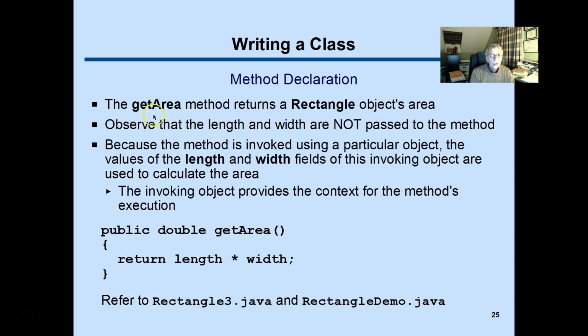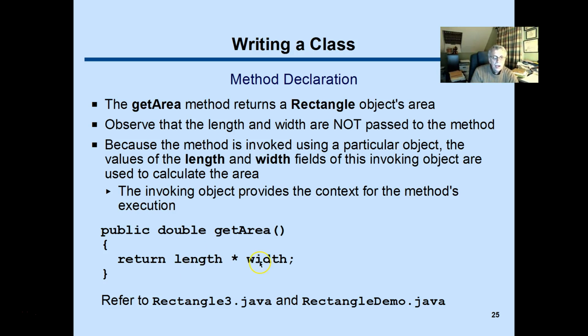What's interesting is the getArea is going to be designed such that it operates on the length and the width member variables, but these values are not passed in as arguments to getArea. They are automatically available to getArea because getArea is a method within the class of rectangle. Therefore, it has access to the member variables.